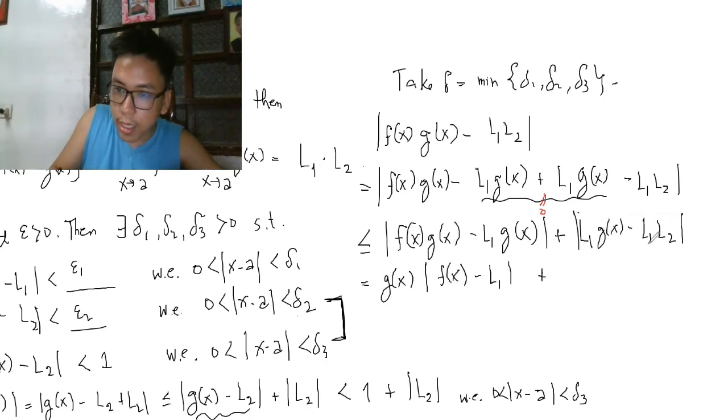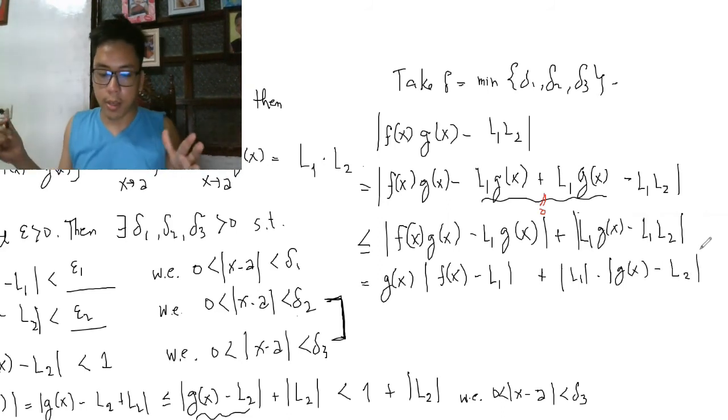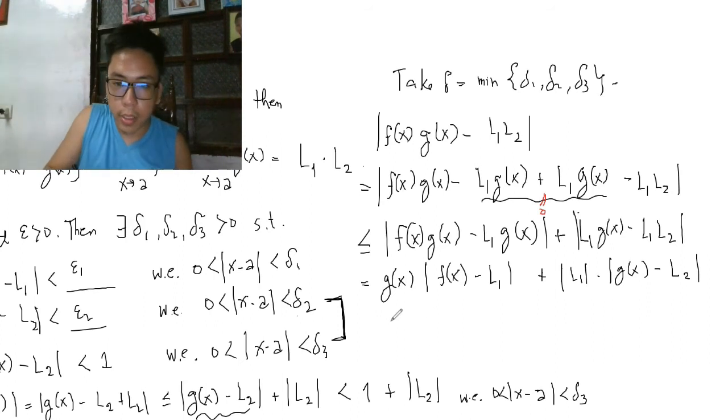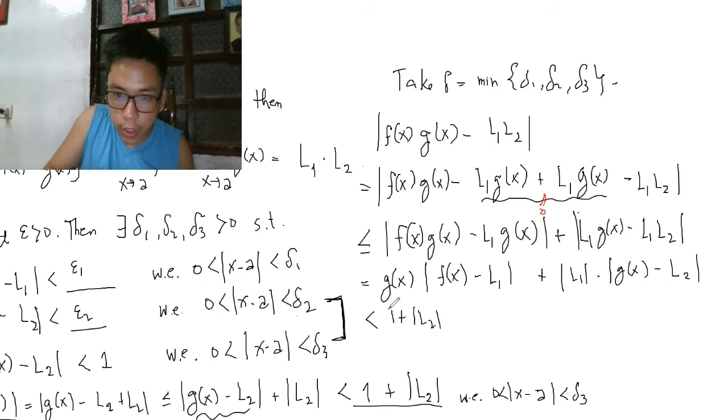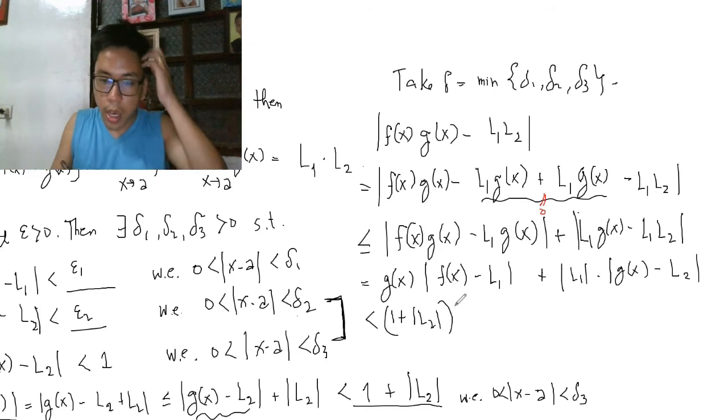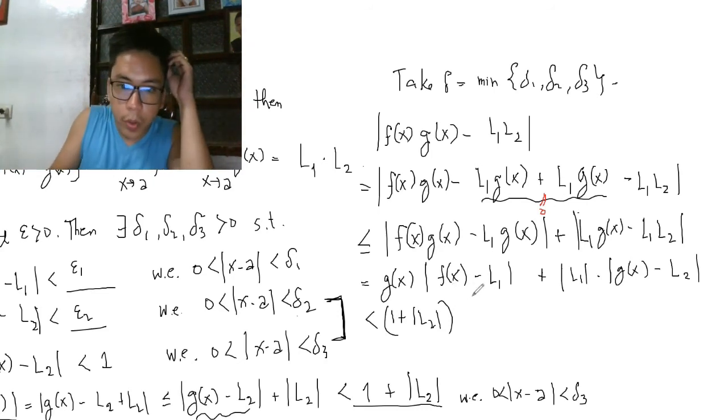I can extract L1 here, so I have the absolute value of L1 times the absolute value of g of x minus L2. Okay, so that's it. Now, remember my g of x here is less than 1 plus the absolute value of L2. So I would have 1 plus the absolute value of L2 here. And remember, this should be less than epsilon 1.